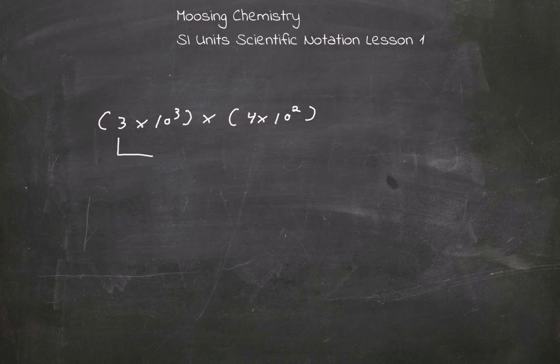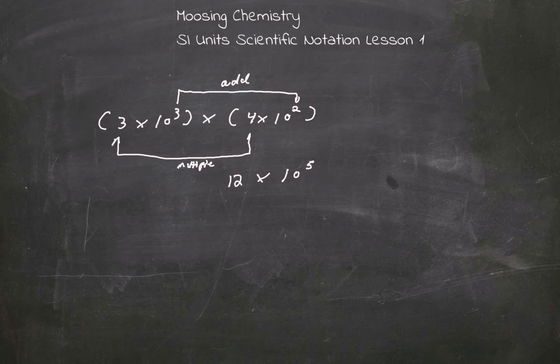What you're going to do is multiply these two numbers, so that would give us 12. Then you're going to take these two exponents and add them.